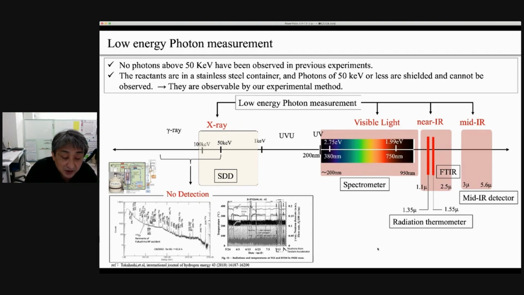But in our experiment, with vacuum condition and using the thin film, they are observable. The reason we attempted to measure the X-ray, visible light, infrared, and mid-infrared region, all of which have not been observed so far. And these are the low energy photons we observed.